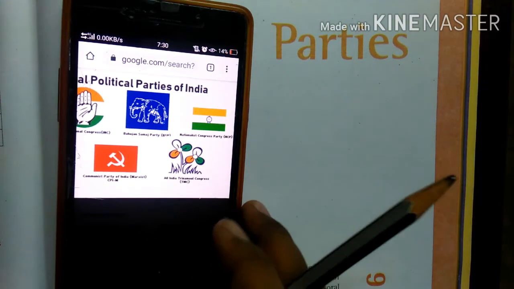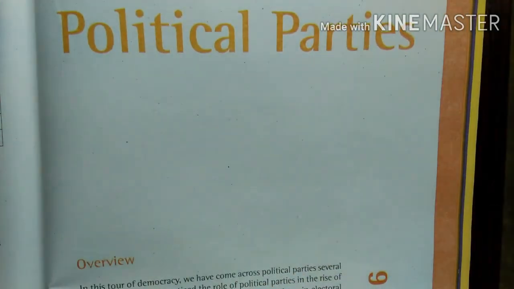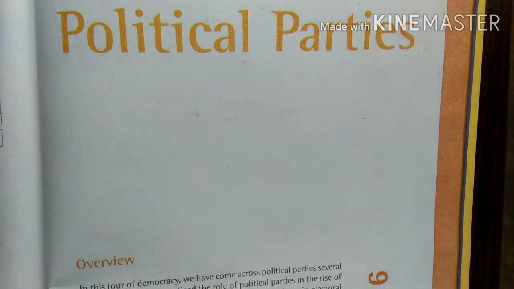These are the national parties in India. And for your information, as per the latest publication from the Election Commission of India, the total number of registered parties was 2598, with 8 national parties, which we have just seen, 52 state parties, and 2538 unrecognized parties.